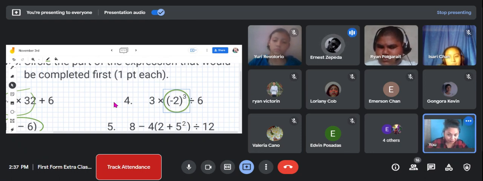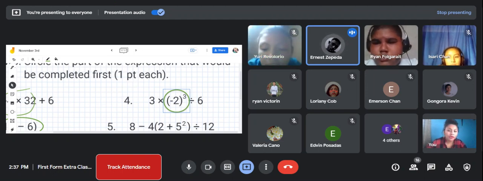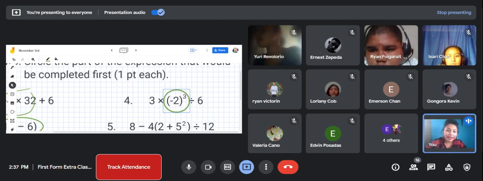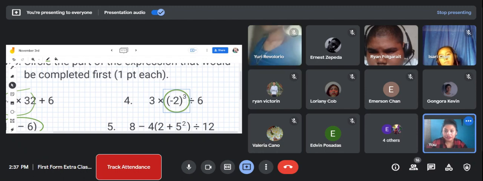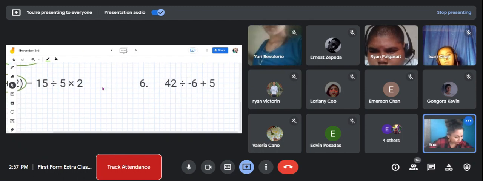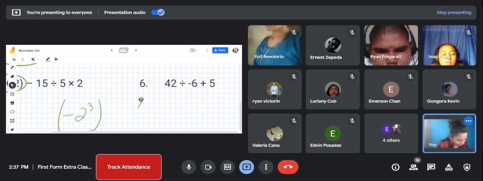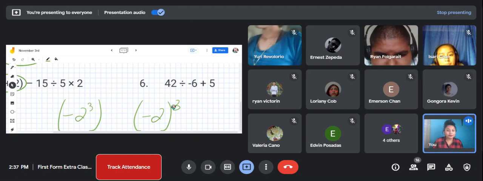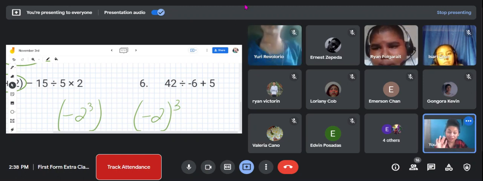Miss, I have a question, miss. If it should be negative 2 to the third power, the power should not be inside the parenthesis. No, because let me write it in a little corner over here so you guys can see it. If I give you negative 2 to the third power like this and negative 2 like this, these are different things and they will give you a different answer. Why?